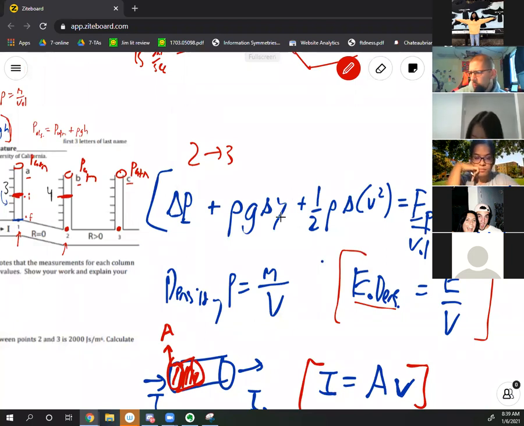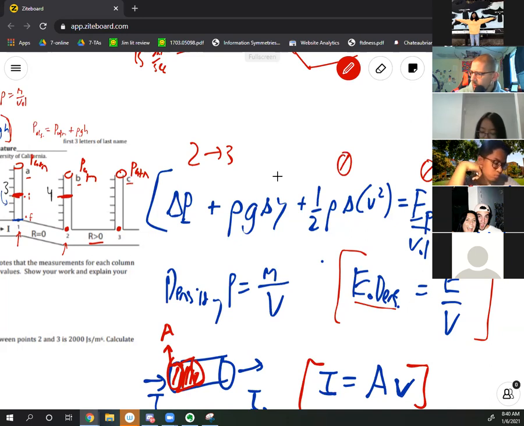As I move from point 2 to 3, notice now that there is a resistance in my pipe. I have R greater than 0. Resistance is now in my pipe, so the resistance term will be here. There is no pump between points 2 and 3, so E pump per volume is 0. There is no change in area of my pipe, so there will be no change in velocity or velocity squared.